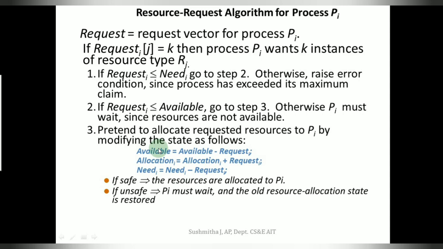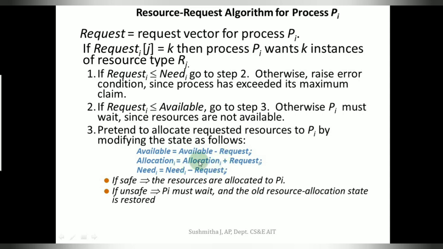Now if it is allocated, is it leaving the system in a safe state? To do the same, we check by modifying these vectors. Now if the request is being allocated, the available becomes available minus the request. Whatever request is made, it is allocated, so I am deducting that request from the available.